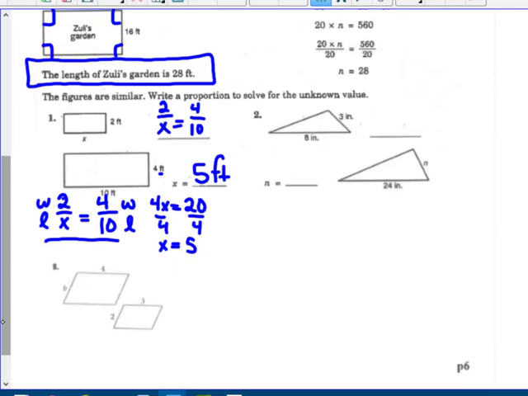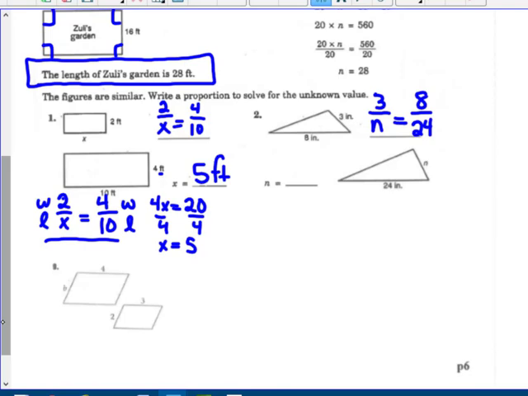Number 2, we have similar triangles here. So I could say that right side, that 3-inch, over right side, n, has to equal bottom side, 8, over bottom side, 24.